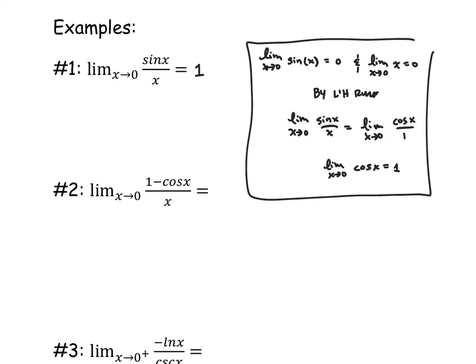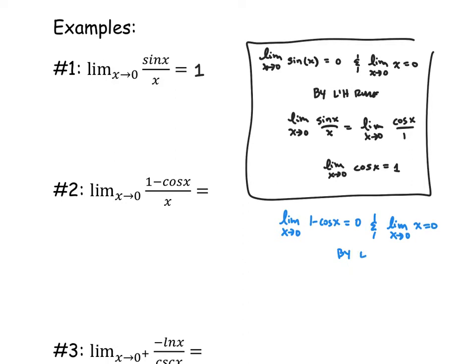The limit as x approaches 0 of 1 minus cosine x over x. We'll do this in a different color. The limit as x approaches 0 of 1 minus cosine x would equal 1 minus 1, which is 0, and the limit as x approaches 0 of x also equals 0.